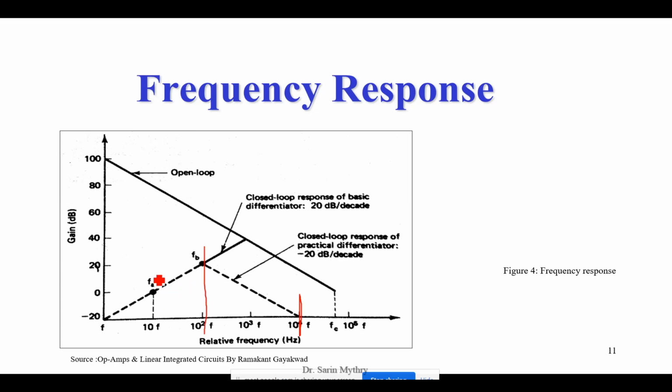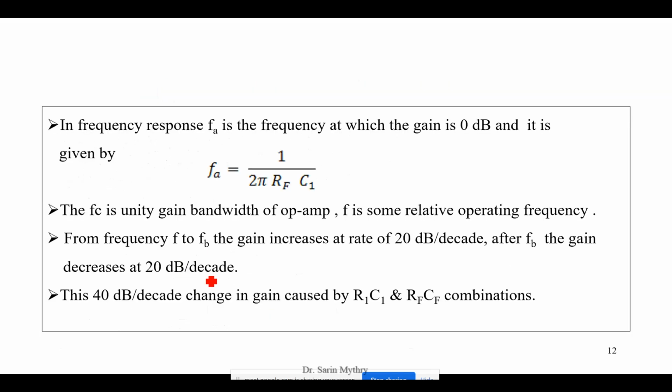From FA to this point, its gain is going on increasing, and right from here to here, you can see the notations. Up to here, it is increasing at 20 dB. The 20 dB gain is there from this point to this point. Now from here to here, it's going on decreasing. You can see it is a decrease of minus 20 dB per decade. Here it's an increase of plus 20 dB per decade.